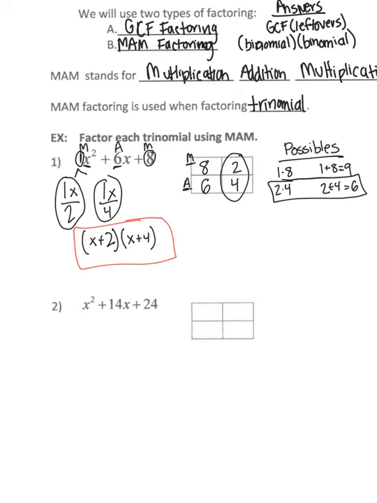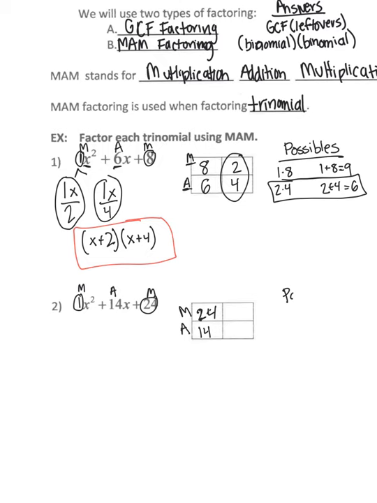So let's do it again here. Number 2, I'm going to label my trinomial MAM. I'm going to take my two numbers, my two m's, multiply them together, and I get 24. That's my m. And then my a is 14.